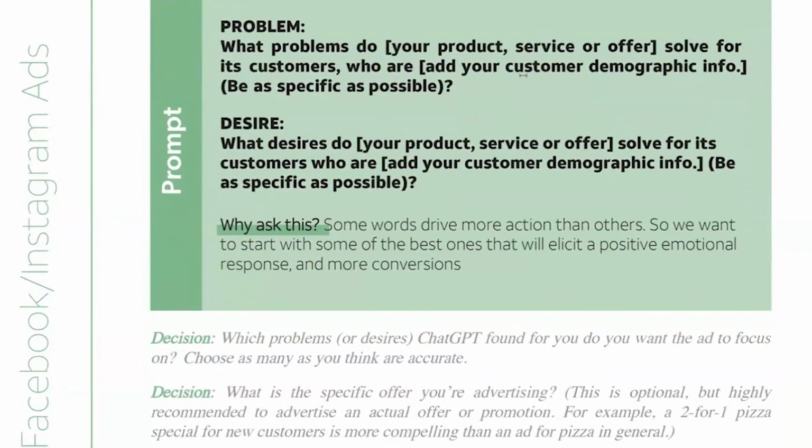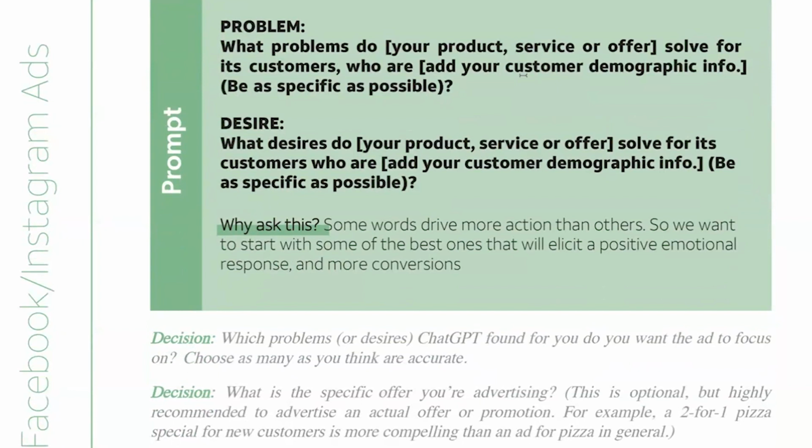So here's this prompt. This is about maybe doing Facebook or Instagram ads. What problem does, say, Dan's point of sale services offer to solve for its customers? And who are your customer demographics?